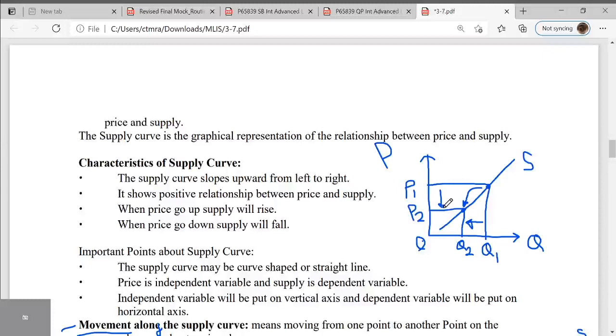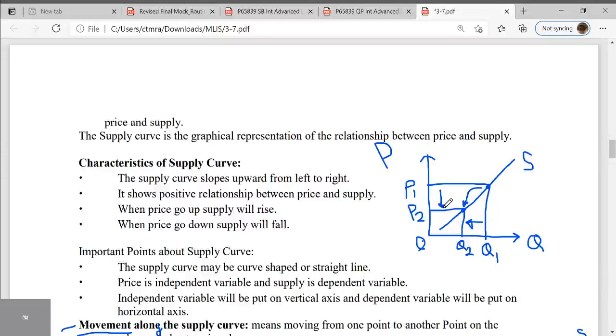Later on, let's think about what will happen to the supply of oxygen cylinders. In this current pandemic situation, there's a high demand for oxygen cylinders, and to provide that, the government and also some private firms are trying to increase the supply, right?